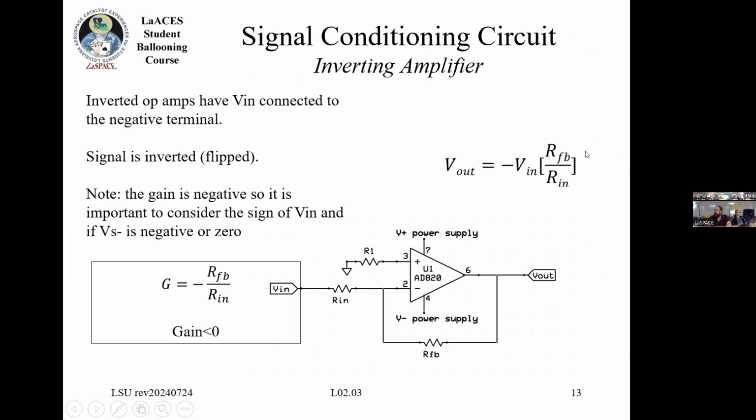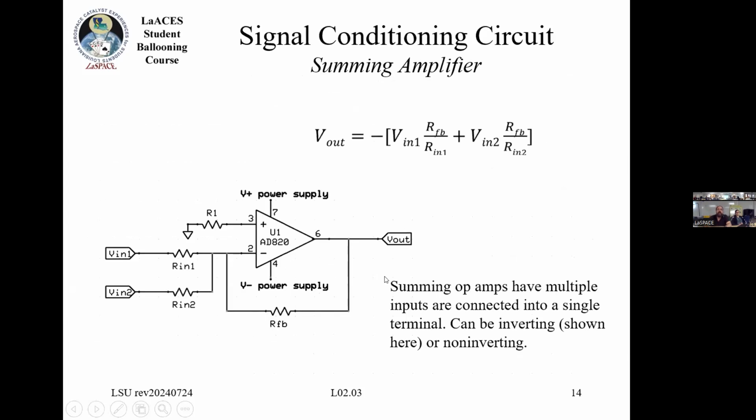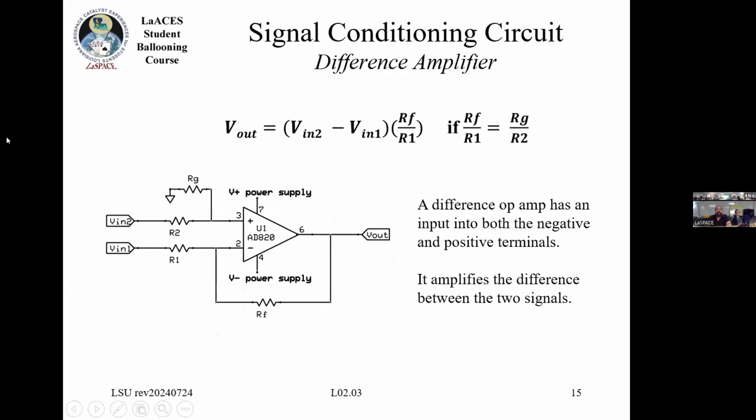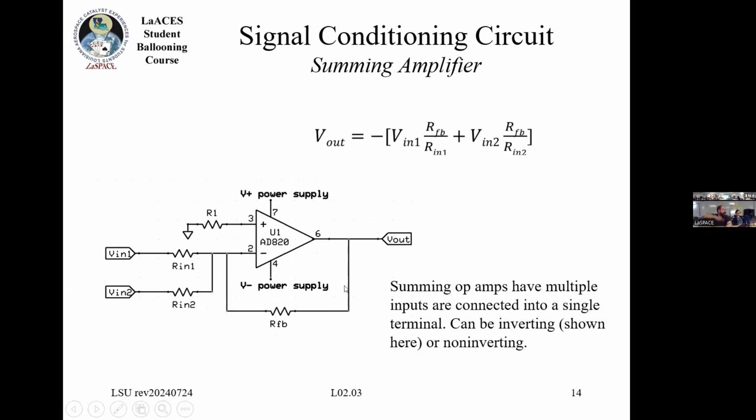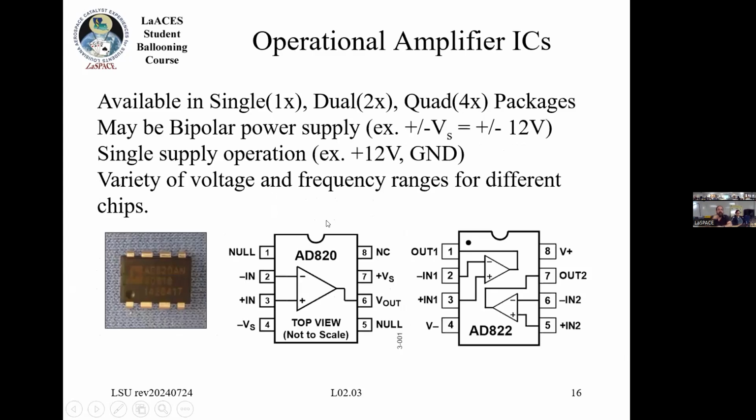An inverting amplifier, which is where you change the sign of the signal, so your gain is actually -1. And then you can have a summing amplifier, like I said, where you're adding V1 plus V2 to get V out. A difference amplifier, where you are getting the difference between V1 and V2. And then the final thing that you can usually do is you take one of these simpler ones and you shift it up or down, so you add an offset.